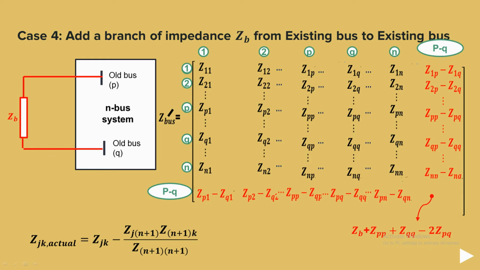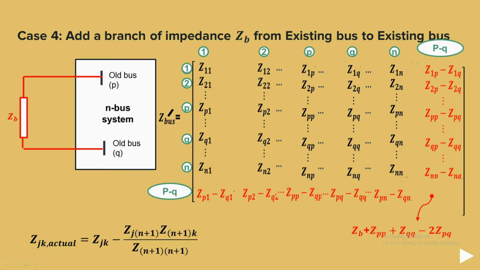Zjk actual is equal to Zjk minus Zj n plus 1 times Z n plus 1 k divided by Z n plus 1 n plus 1. Using this formula, modify all the elements and eliminate the last column and last row. That one is the final Z bus matrix.